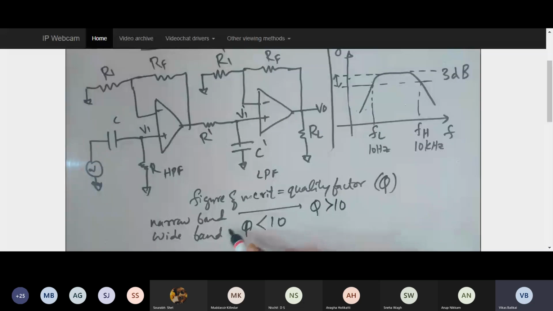Now again the question arises: we say Q, what exactly is Q? Q should have some equation, right? So what is that Q? Basically, I'll try to write this section.